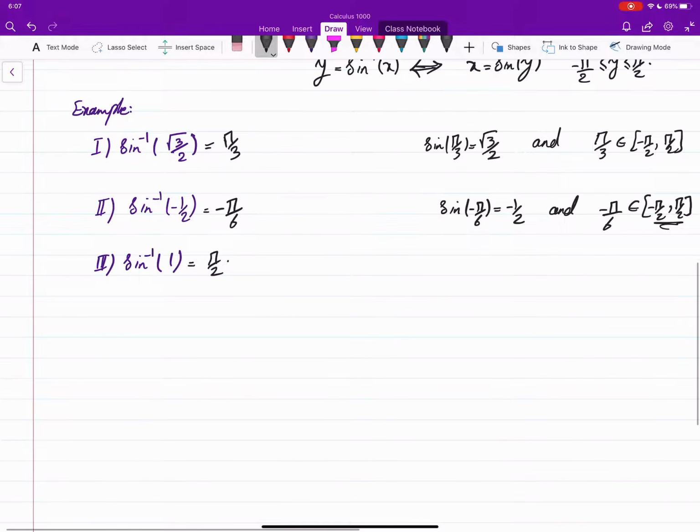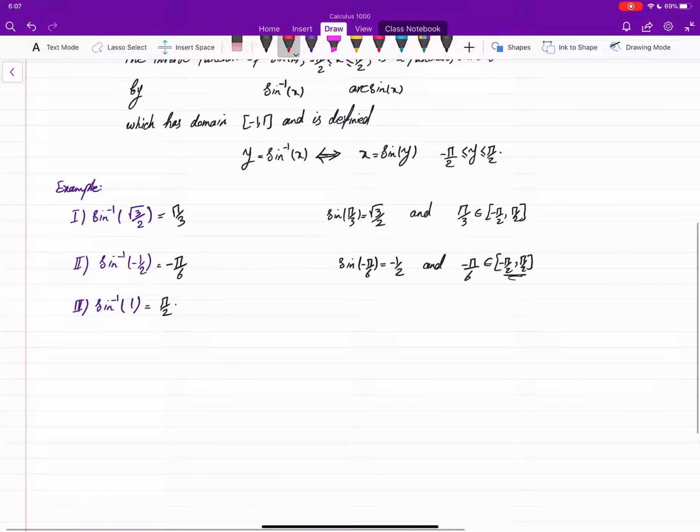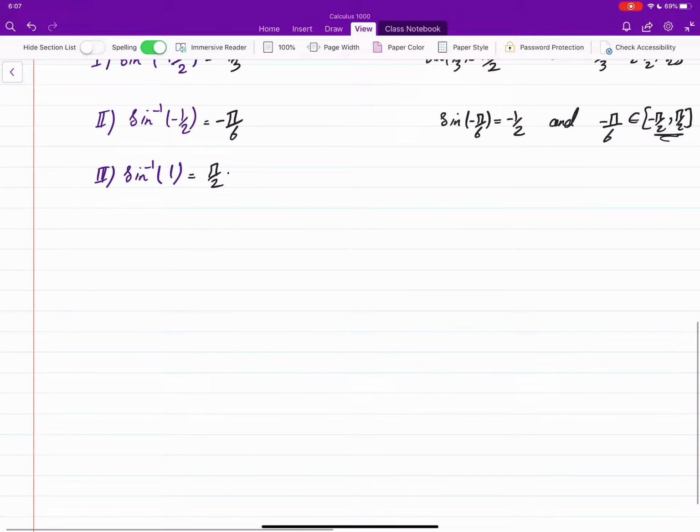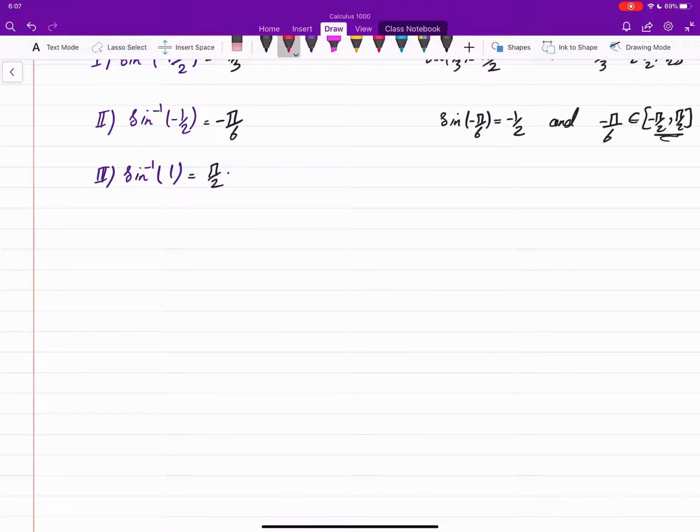Okay, so the first thing to see is, remark, we have the sine inverse function property.